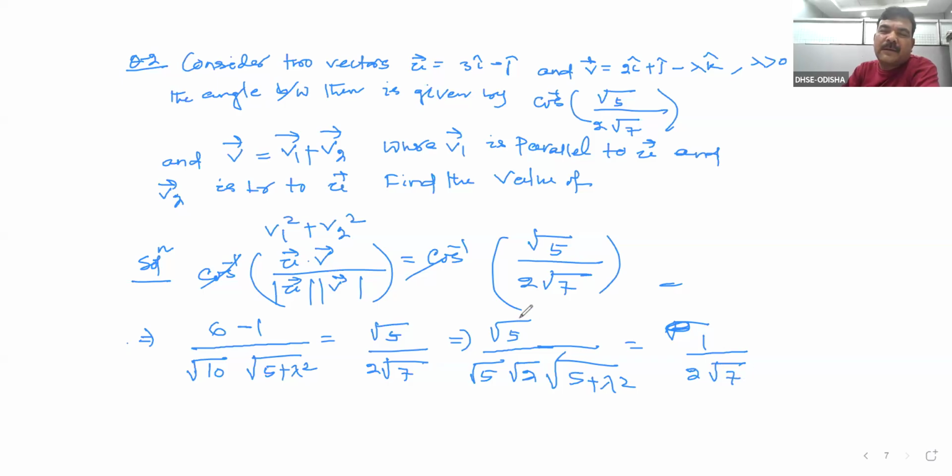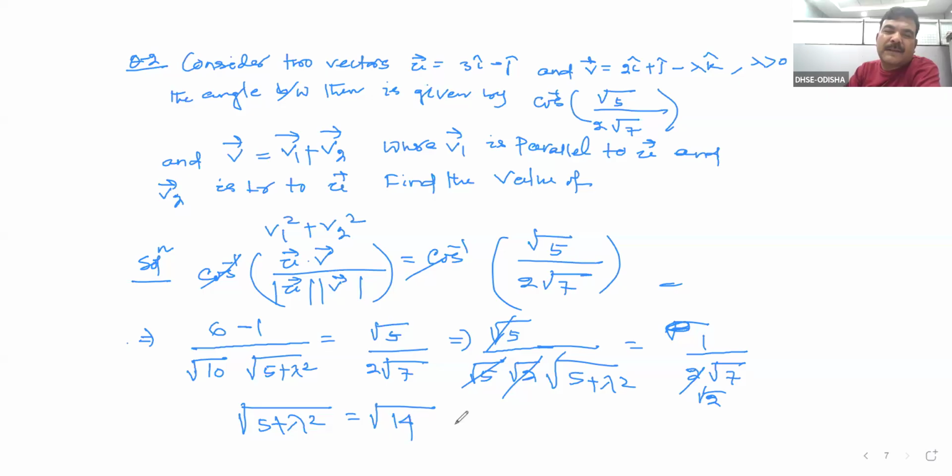Clear? Here root 5 cancels, root 2 and 2 cancel, leaving root 2 into root 7. So root of 5 plus lambda square is equal to root of 14.